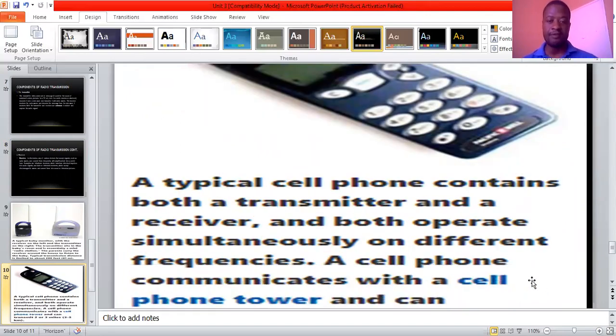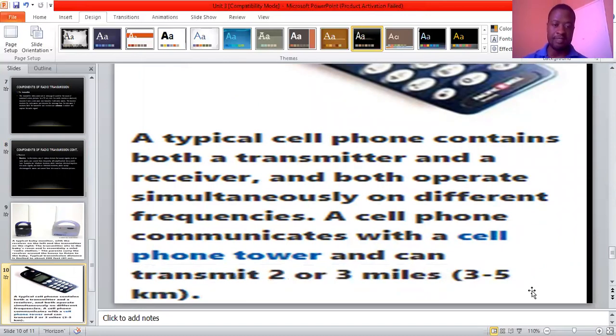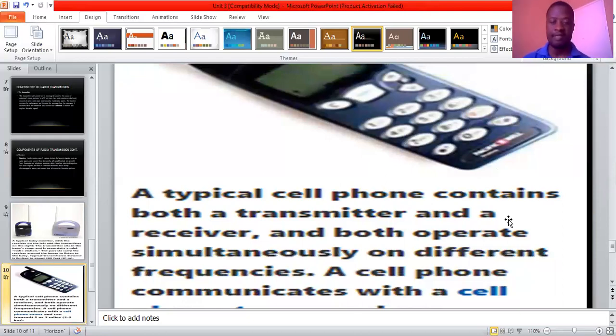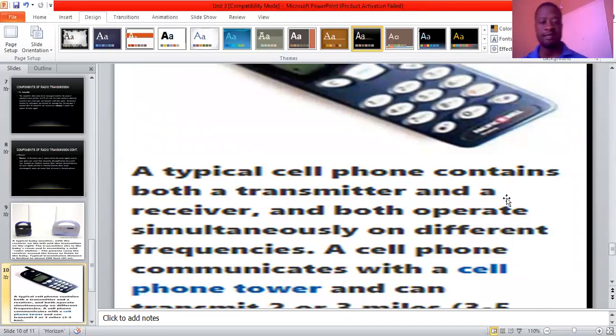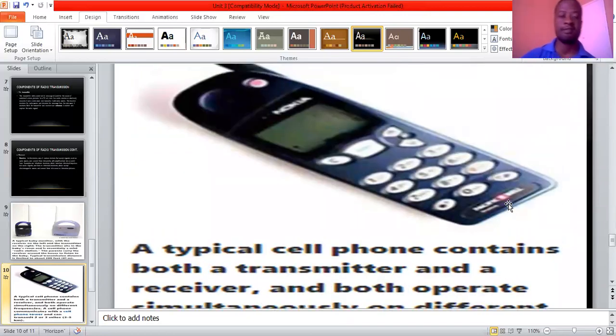The cell phone communicates with a cell phone tower and can transmit 2 or 3 miles. Once one transmits, the other receives.